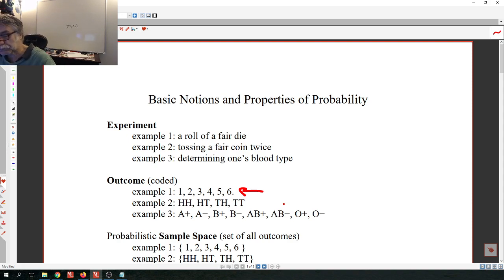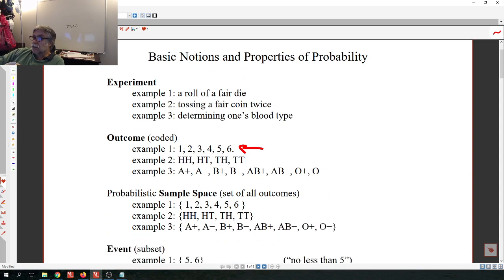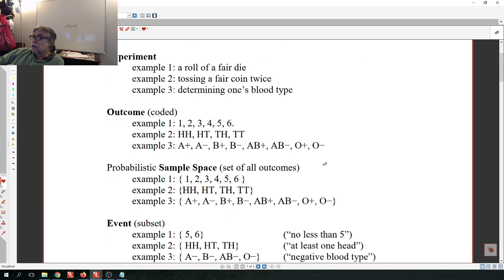Okay, so now the next notion of probability that is important to us is the notion of a sample space. Now, a probabilistic sample space is basically the set of all of the outcomes. The only thing you're going to note here is that instead of just listing them in a row, I am now including them in a set.